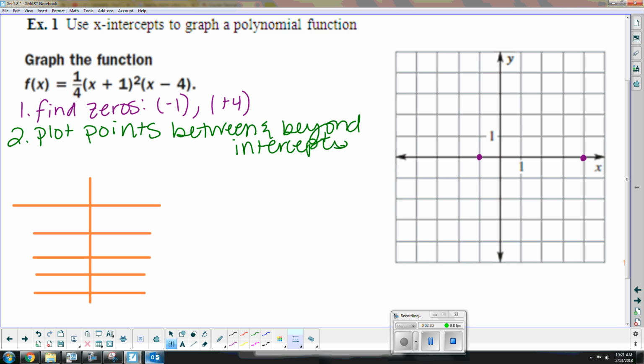So let's look at a few x coordinates and a few y coordinates. So we'll do -2 because that's beyond our intercept, and then we want to do something in between those. So maybe 0, maybe another one somewhere in there, maybe +2, and then we have 4, so let's also do 5.